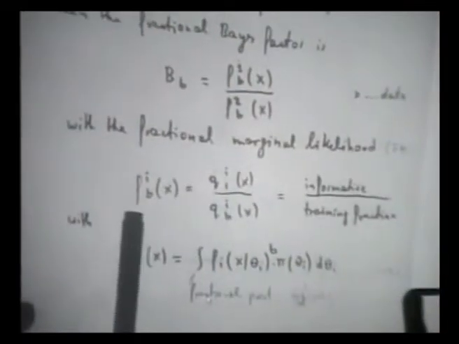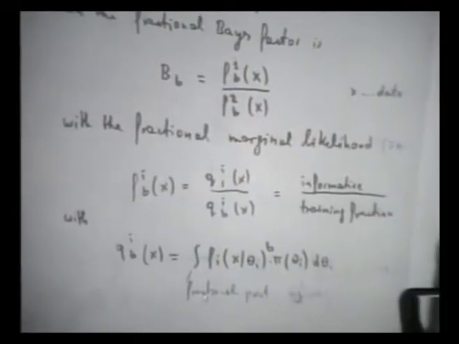It's the marginal likelihood of f1 of x divided by f2 of x of b, where f1 b and f2 b I define now, that's my definition now, as a fractional marginal likelihood.